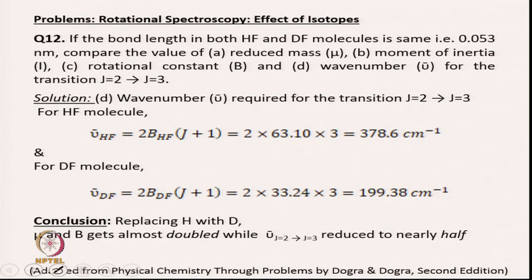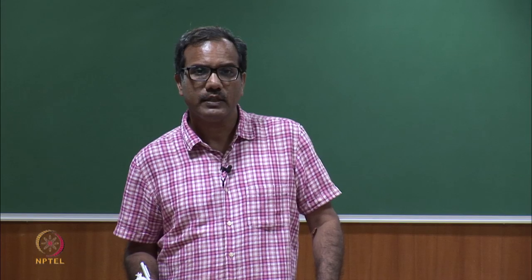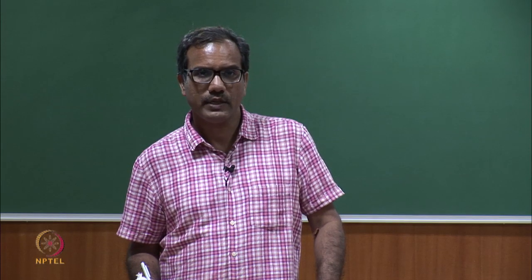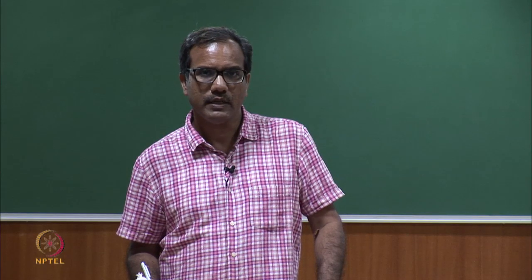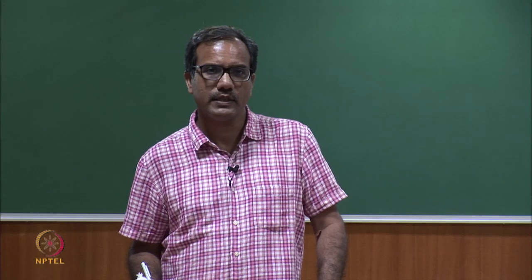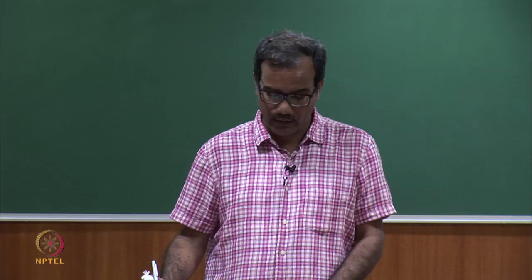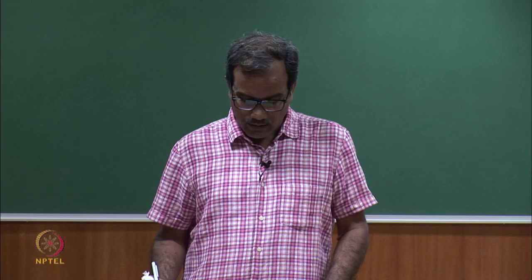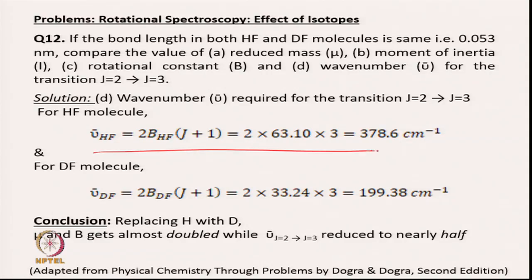So, after the calculation of rotational constant for HF and DF, now we will see what is the value of wave number for the transition j is equal to 2 to j is equal to 3. We can use this formula to know the wave number. Again, j is the value of the rotational level from where the transition is happening.